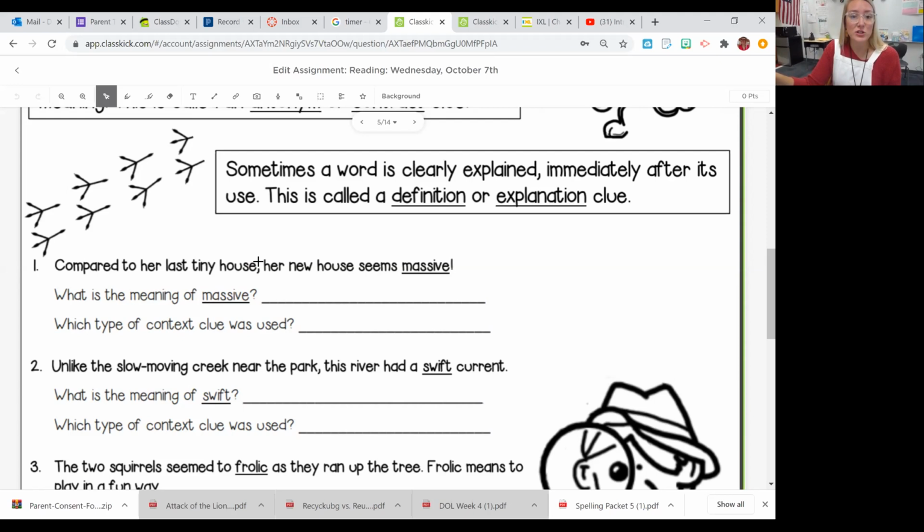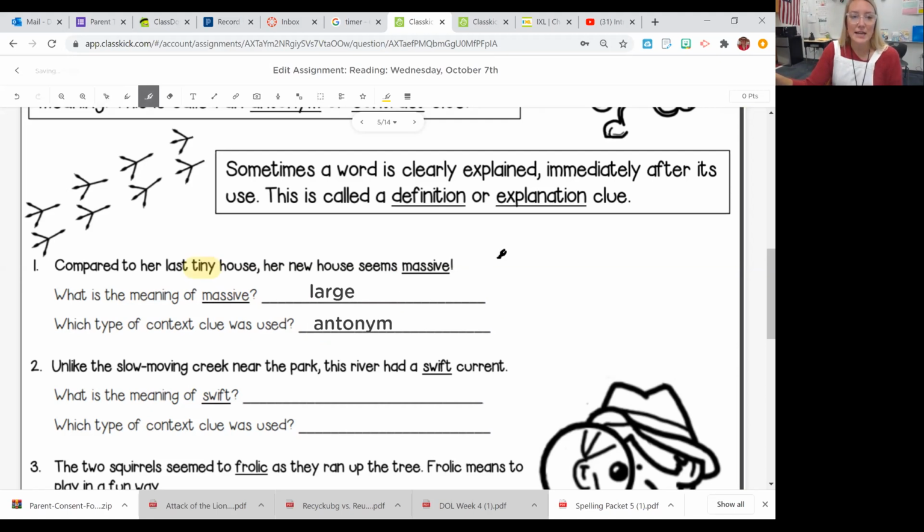So the context clue we are using is antonym, which means opposite. If it was tiny, then the new house must be large. So massive means large, and maybe you already knew that. I'm going to highlight my evidence for that one.